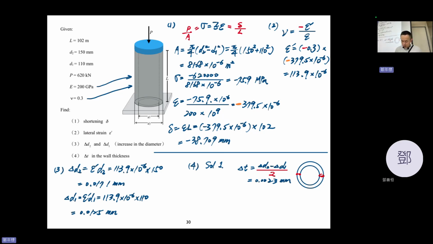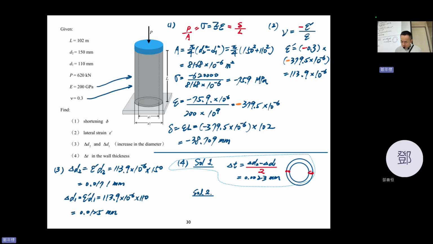How about solution 2? Solution 2 is more straightforward. Delta T equals epsilon prime times T. Sorry, I shouldn't write down a different form of it.